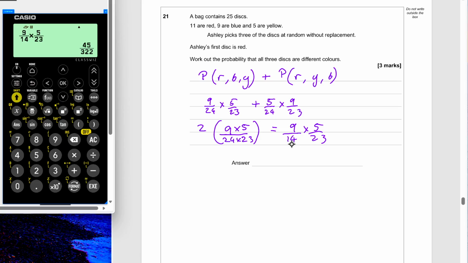And I've messed up here. That should have been half of 24 is 12, not 14. So let's just change that. So 15 out of 92.